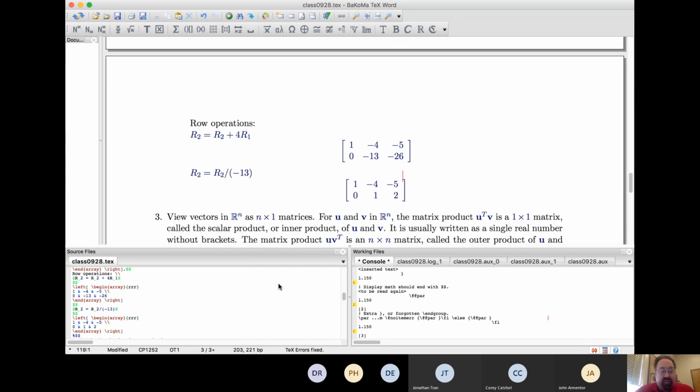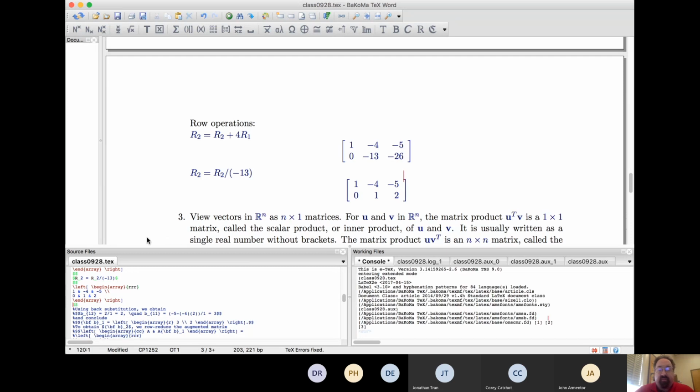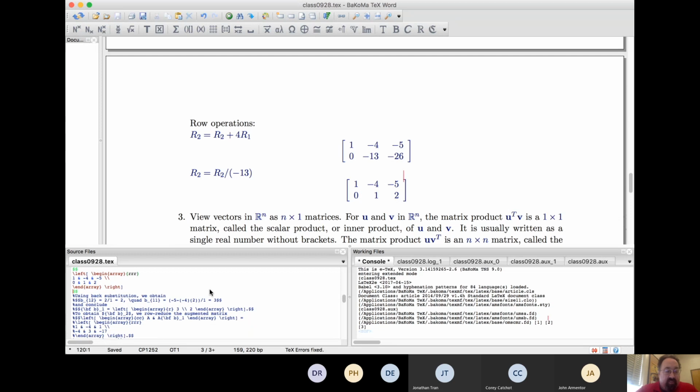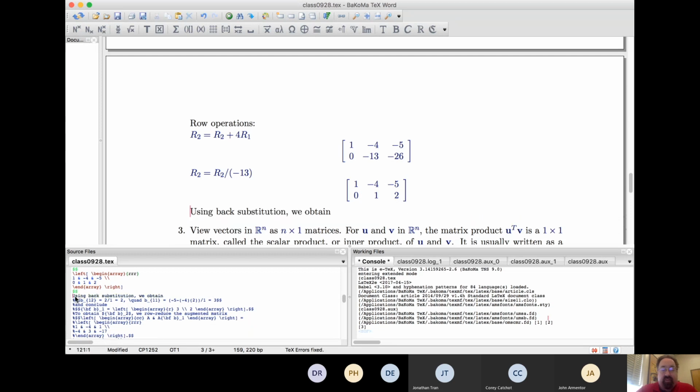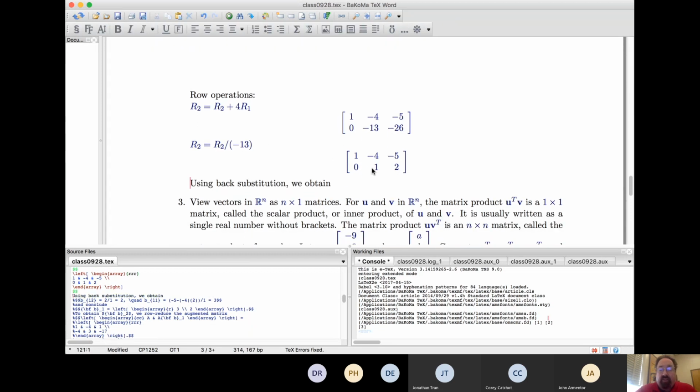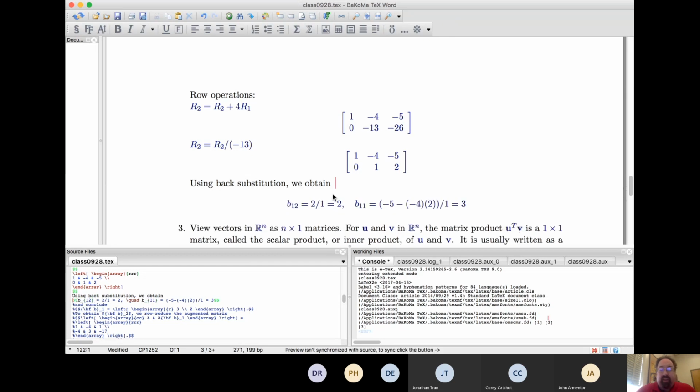All right. So now I can just go ahead and solve this system using the usual process of back substitution. Here we have a second equation, and remember these are right-hand side values, and I'm solving for the first column of B. Whoops, my indices, it should be 2, 1.